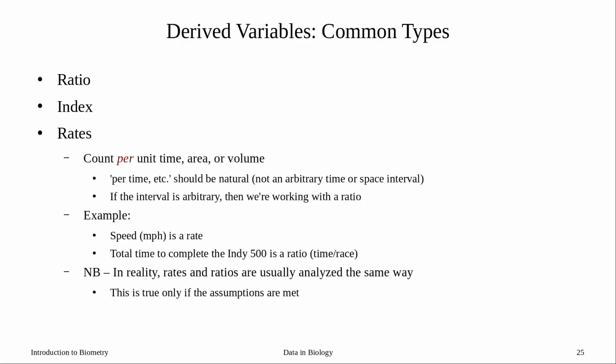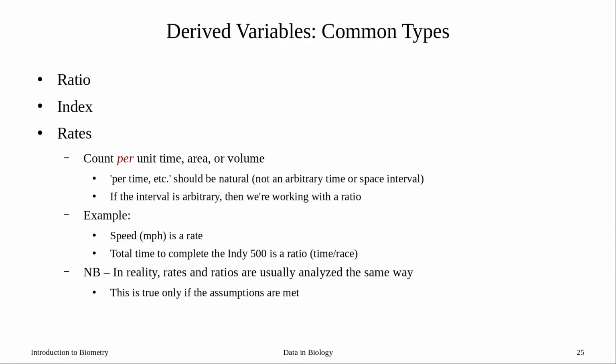Rates are just that. It's going to be some sort of count or measurement, and it's going to be per unit time, area, or volume. And the per time, per area, per volume is always going to be natural. It won't be some arbitrary time or space interval. So speed, that's natural. It's a rate. Miles per hour, kilometers per hour, meters per second.